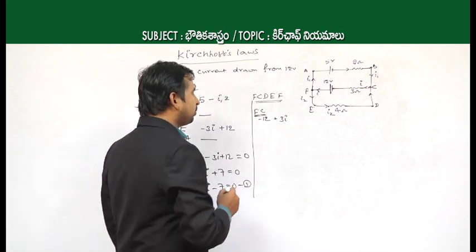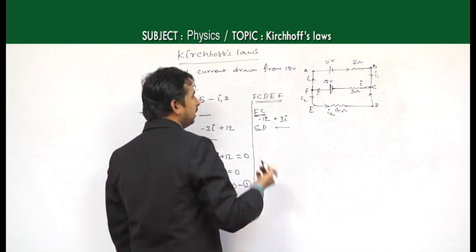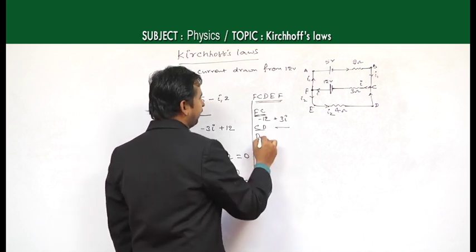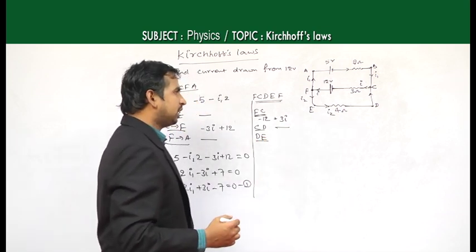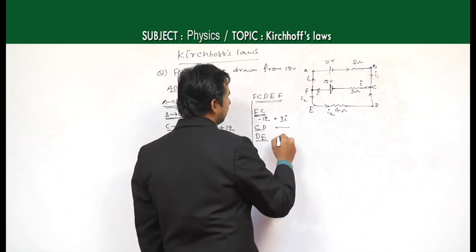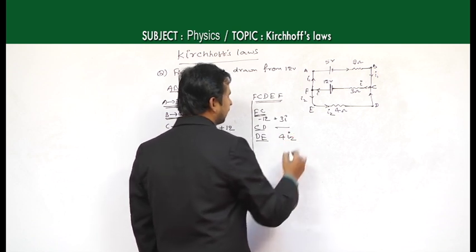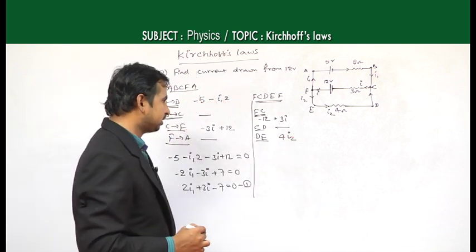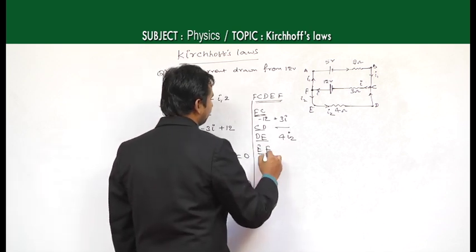And while going from C to D we don't have any potential drops. After that, going from D to E, we have only one resistance, and you are going against the direction of current here. So that resistance value we have to take as positive, and I2 is the current passing in that D to E. And coming back from E to F, again we do not have any potential drops.